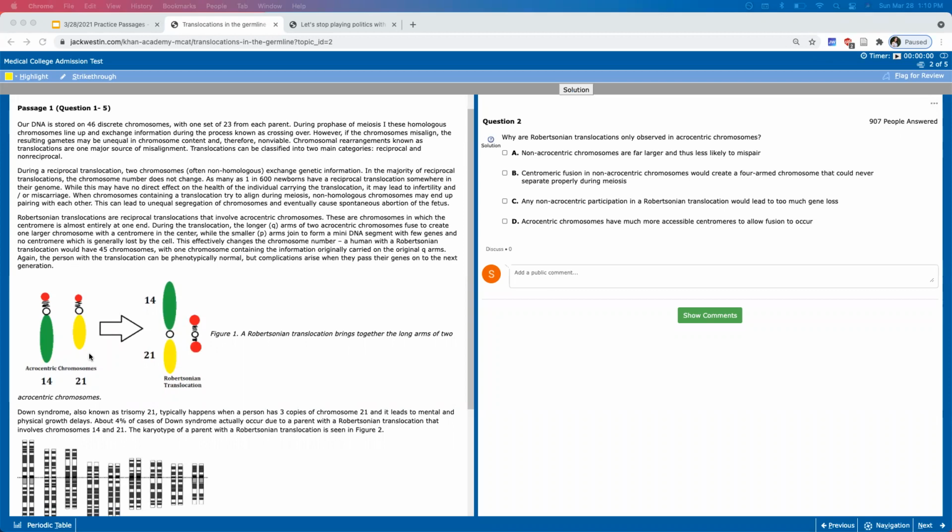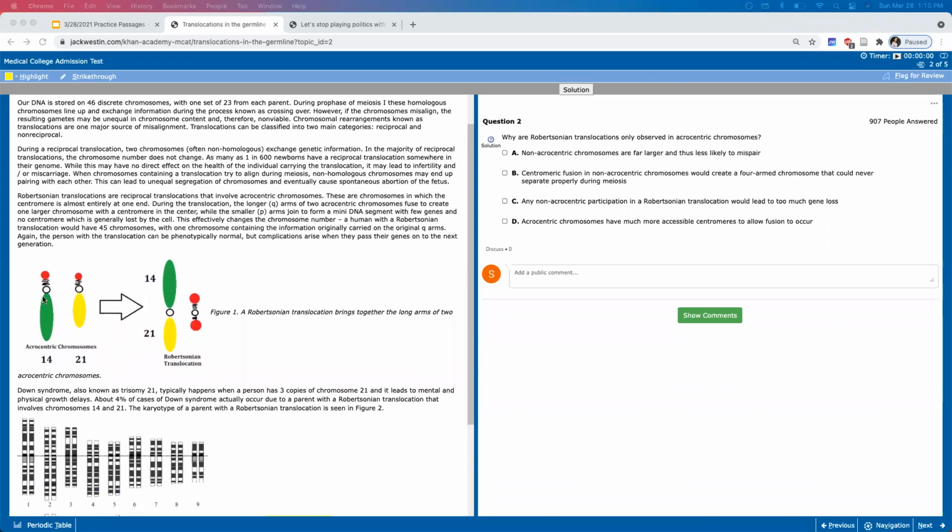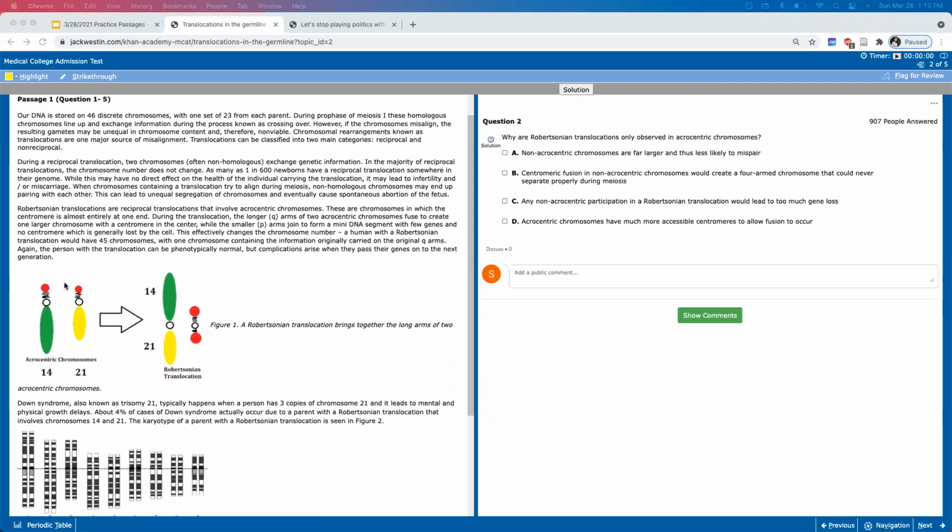So if we have non-acrocentric participation, that could lead to something getting cut off totally. So if that happens, then we're going to lose a lot of the gene and the chromosome. So that's why it only happens with the acrocentric chromosomes.